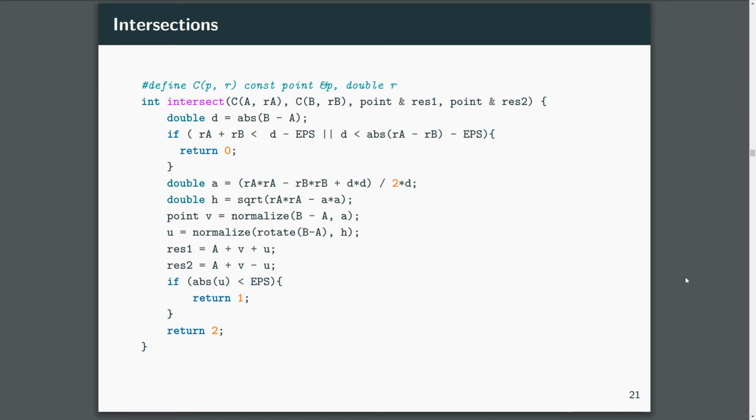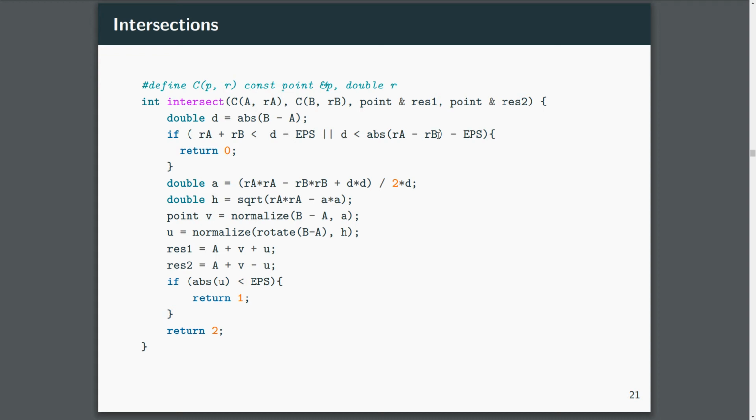And this is how it looks in code. Here I believe I ignored the case of equal circles. Yeah, so here we have the case where the circles are too far apart.